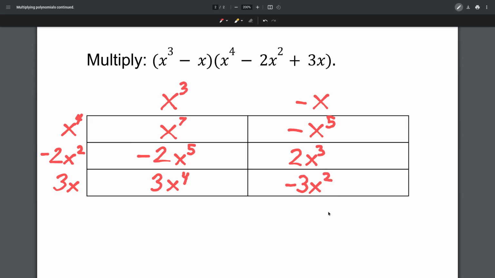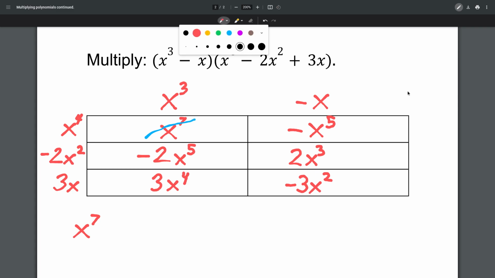So as with the previous problem, we will bring down the terms, combine them as we can, and then cross them off as we go. So first off, I'm going to start with x to the seventh. There's nothing like x to the seventh, so let's write that first, and let's cross it off.